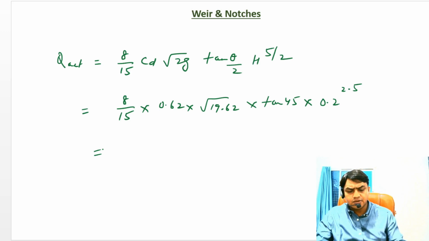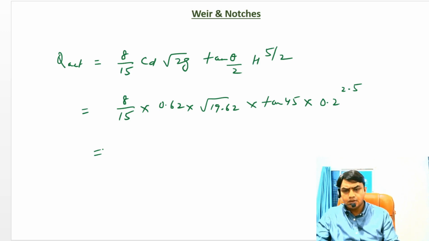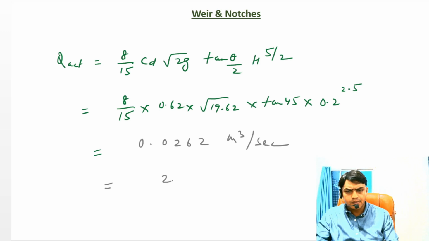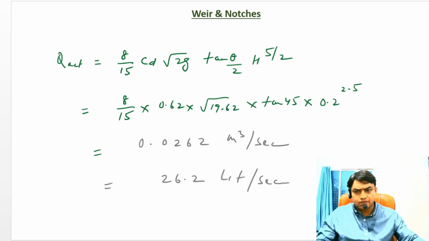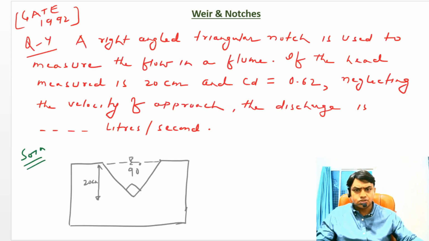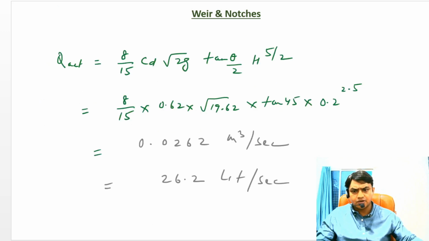So this value is coming 0.0262 meter cube per second. So it will be 26.2 liter per second, the discharge over V notch or right angle triangular notch.